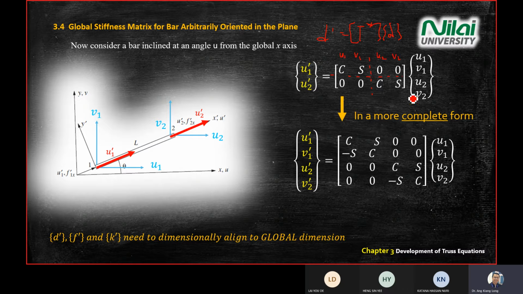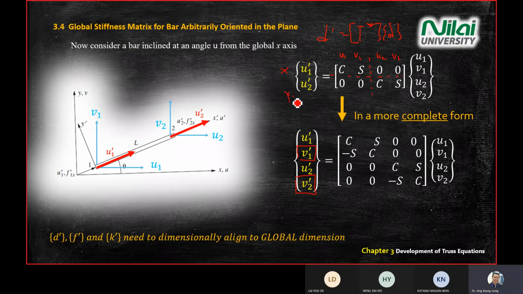So by adding U1 prime and U2 prime, because on the left hand side here we only have the x direction. The equation just now only has U in the x direction.